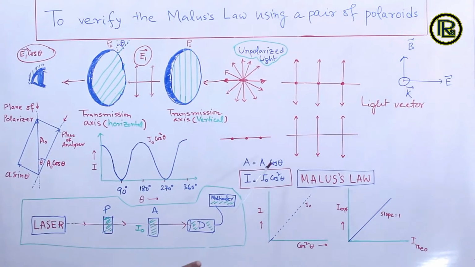And if theta is equal to pi by 2, then A becomes 0, because cos pi by 2 is equal to 0, and I also becomes 0. So we don't get any light here.